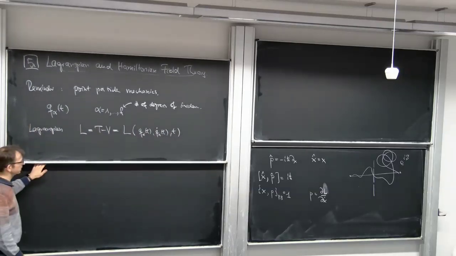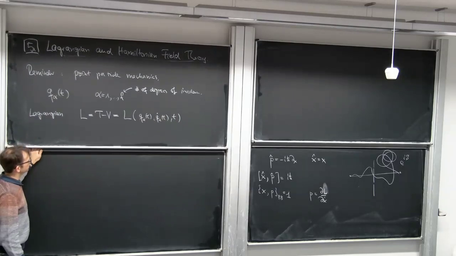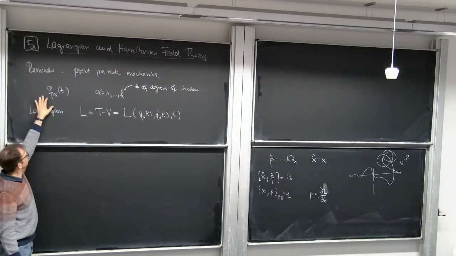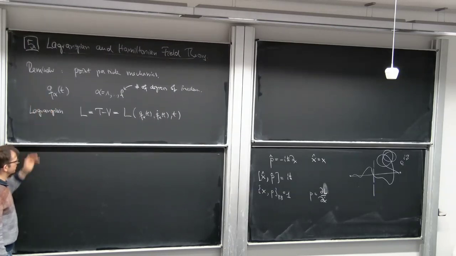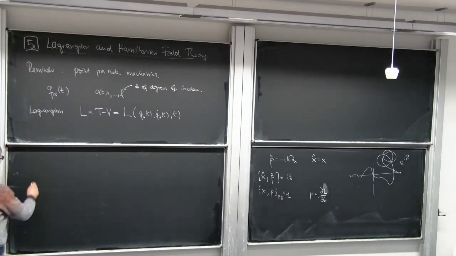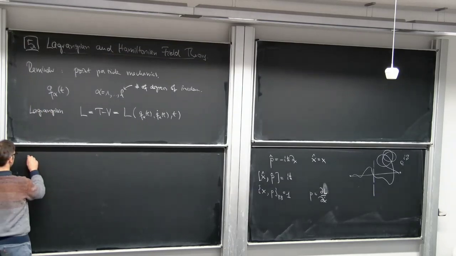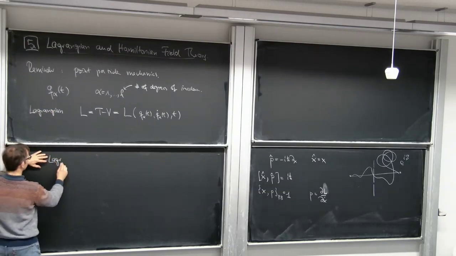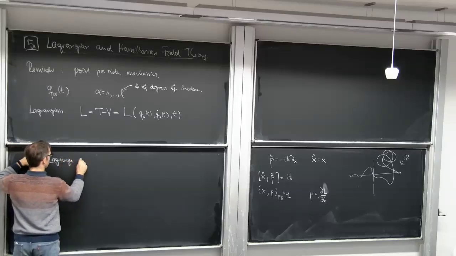And then the equations that describe the time evolution of these coordinates, like the equations of motion, follow from this. It's the Euler-Lagrange equations. Let's first call it Lagrange equations.